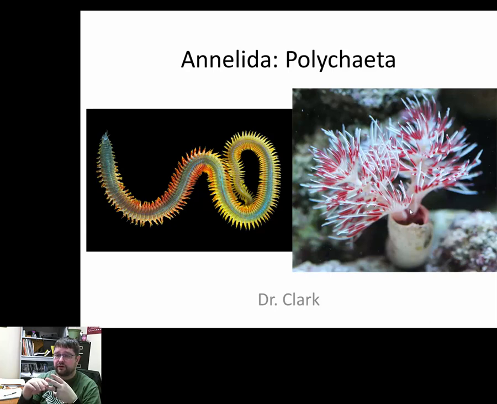And you start to see that they have distinct body regions. So they have segments into which their body is divided. We'll come back and talk more about what that allows the organism to do.